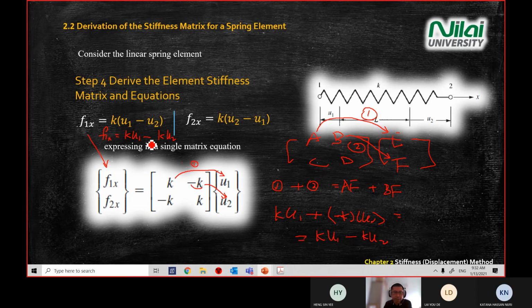Then you get the equation you have for the first one. The first row times the first column, you will get the first equation, which is F1x here.